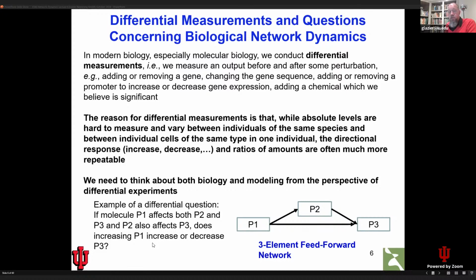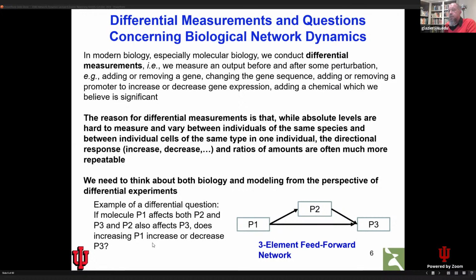Physicists and engineers tend to think about absolute measurements more. But biologically, it's often not possible to make absolute measurements. And as I say, very often it's not really meaningful to think about absolute concentrations. Having the concentration double does something. Having the level be 0.1 nanomolar doesn't really mean anything.